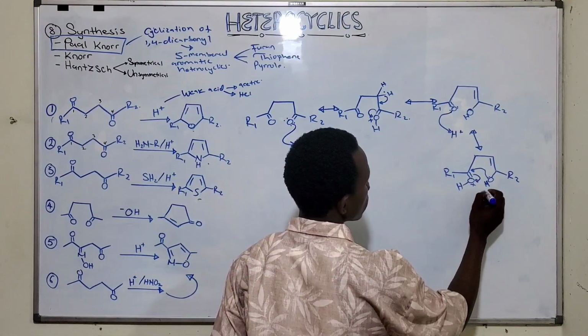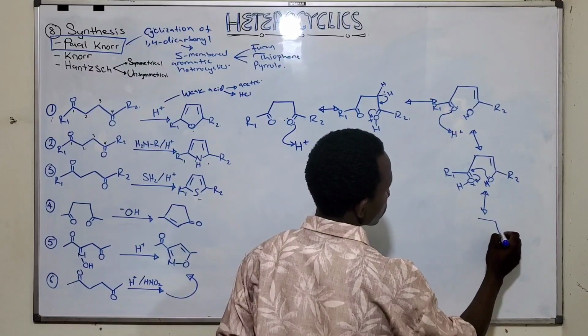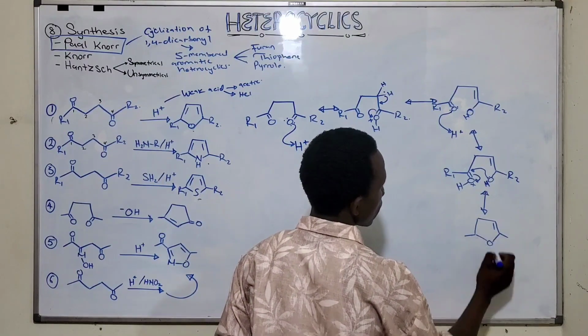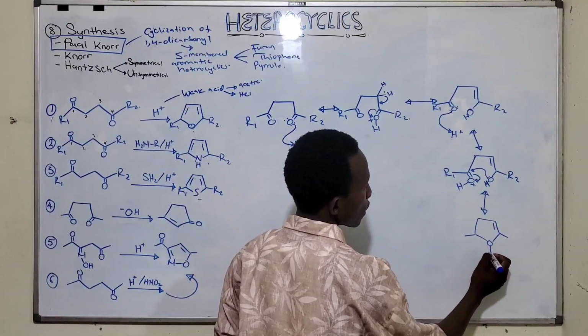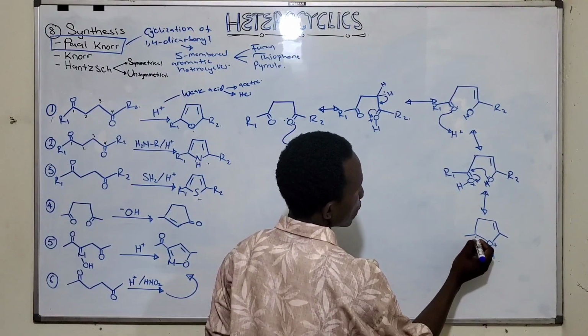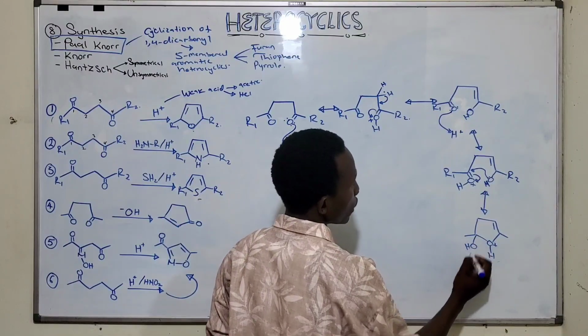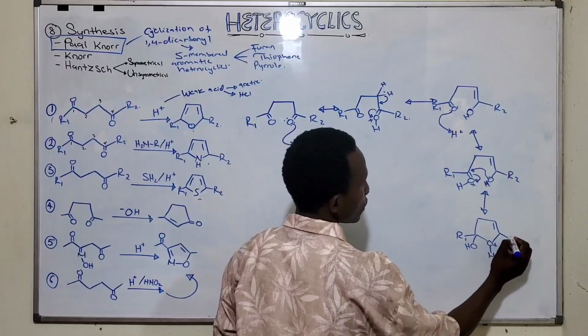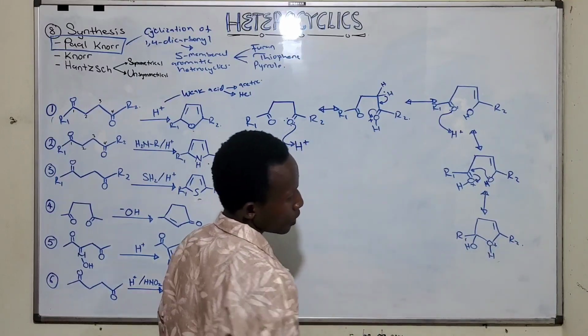When it tries to do so, this oxygen will attack this carbocation which is formed. So we shall have this. Oxygen has closed now the ring, but it's having hydrogen, so it is positively charged. And we're having OH now. This oxygen has stabilized, R1 and R2.